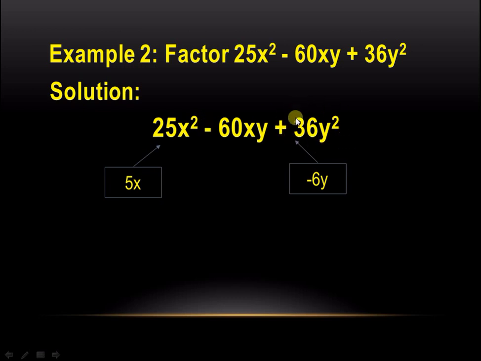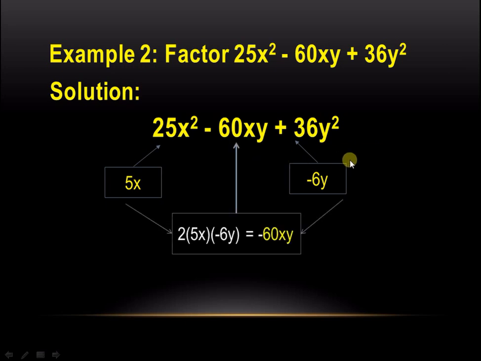Take note that the square root of a number could be positive or negative. Now, let us see if we have the correct middle term. So we multiply by 2 the 5x and the negative 6y. So we have negative 60xy, which is the middle term.